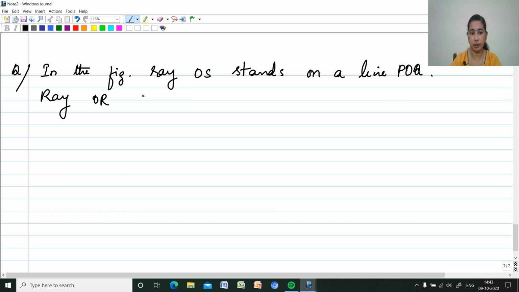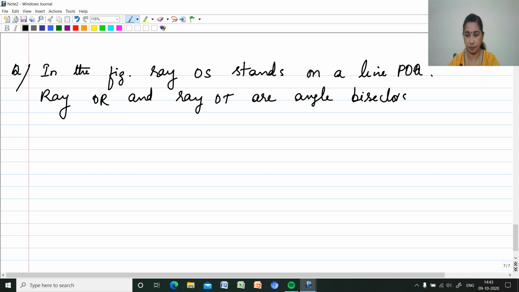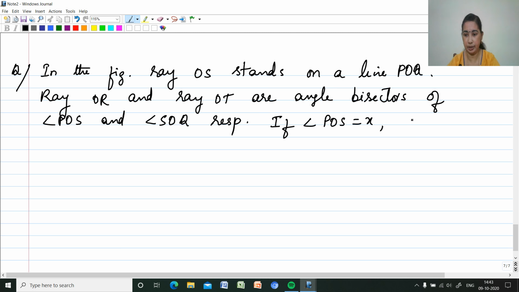Ray OR and ray OT are angle bisectors of angle POS and angle SOQ respectively. If angle POS equals x, find angle ROT.